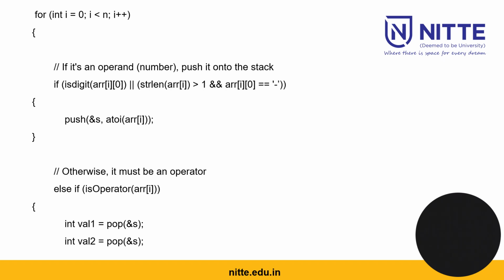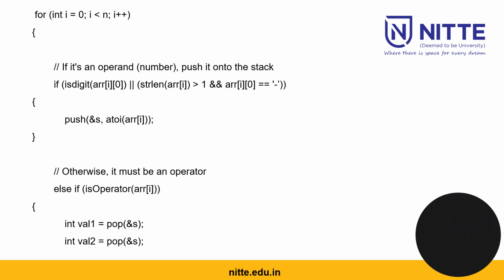So if is digit of array of i, with i value 0, so array of 0, 0, if it is a digit, it will check whether it is an operand. That means is digit, with i value 0.